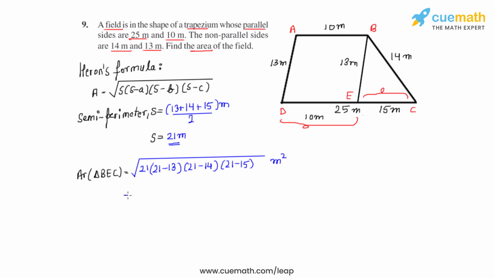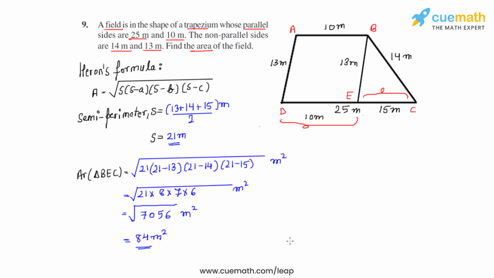This on further calculation gives us under root 21 times 8 times 7 times 6 meter square. On further calculation we get it as under root 7056 meter square, which gives us the area of triangle BEC to be equal to 84 meter square.